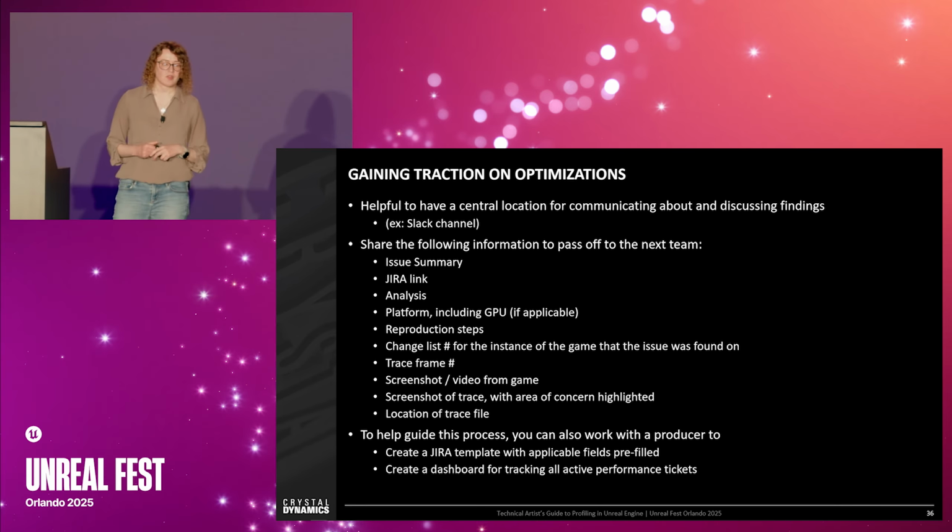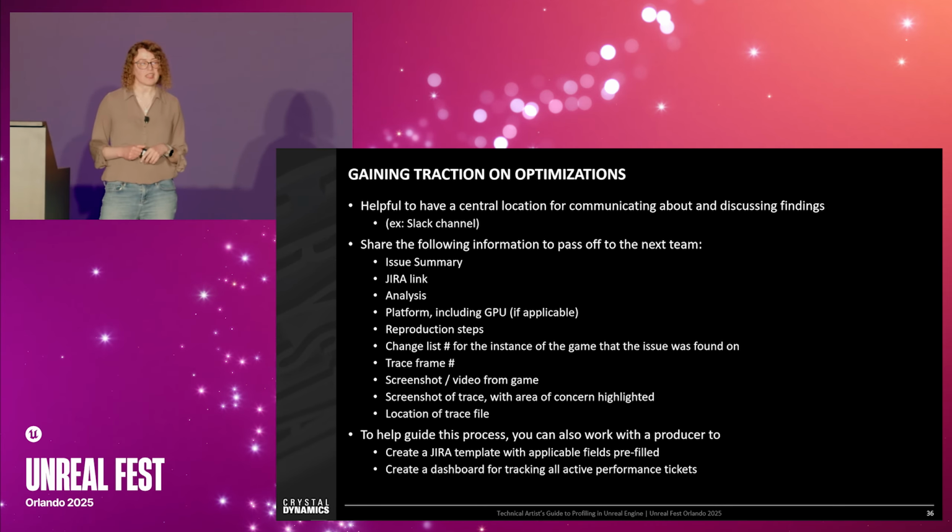Next, include the change list for the instance of the game that the issue was found on. If it's available, include the trace frame number or the frame number of the build of the issue in the build. Then as much media as you can provide, the better. Really, really helpful.